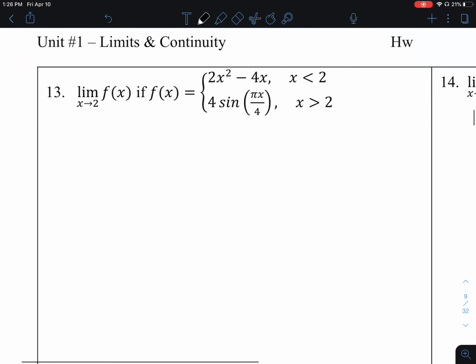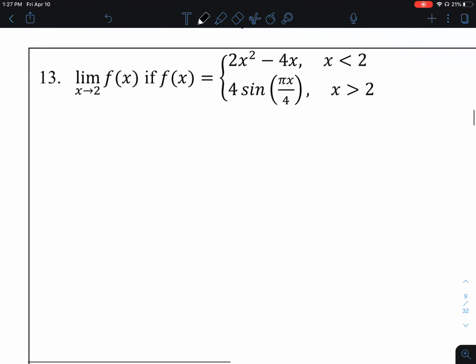Number 13. Find the limit of f of x as x approaches 2 if this piecewise function is defined for f.